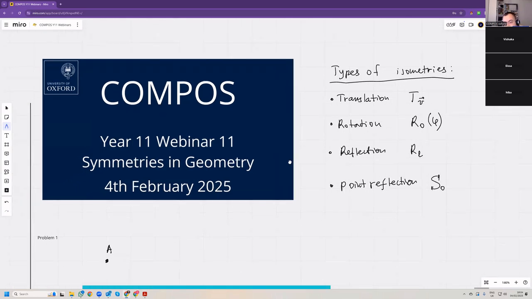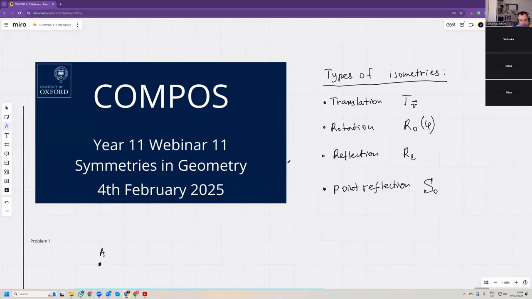So we're talking about isometries, and an isometry is a transformation where the distance between any 2 points stays the same. For example, if you have a triangle, the triangle is transformed into a triangle.